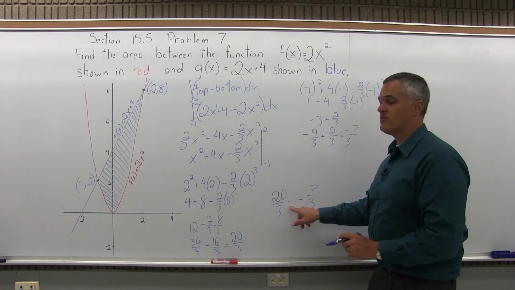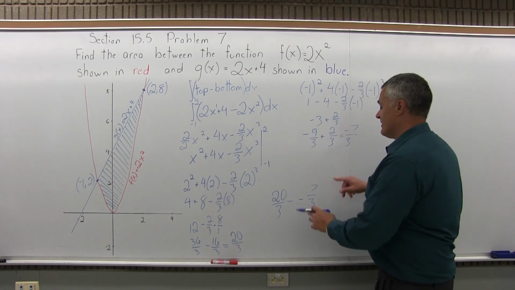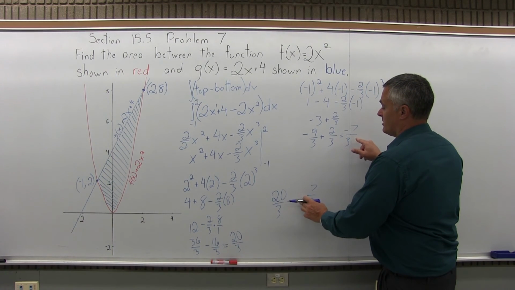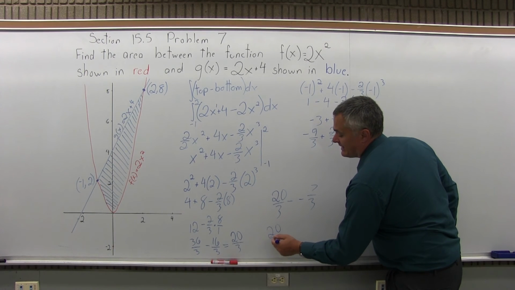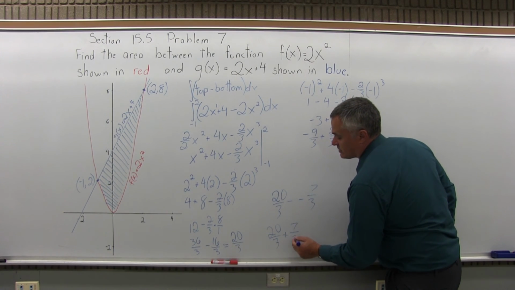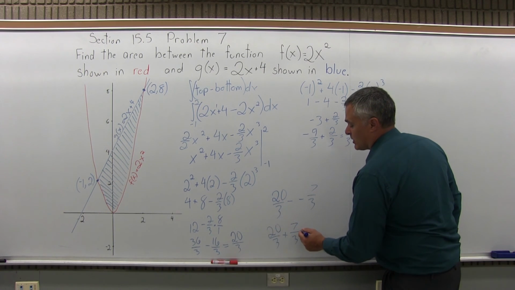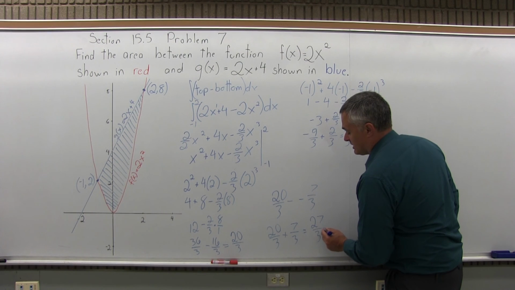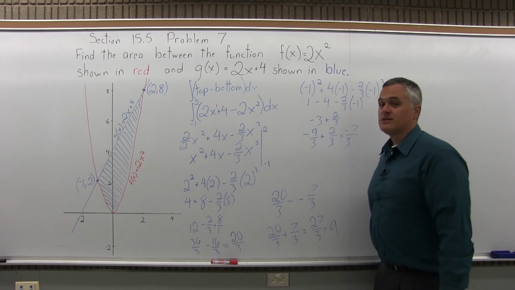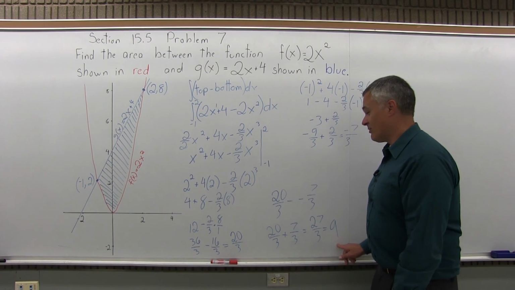Notice the two negatives. One is because you're supposed to subtract. The second negative is because the result from the previous step was negative. So the minus a minus 7/3 becomes plus 7/3. 20/3 plus 7/3 is 27/3. And this big, long, messy problem surprisingly reduces down to a whole number of 9.